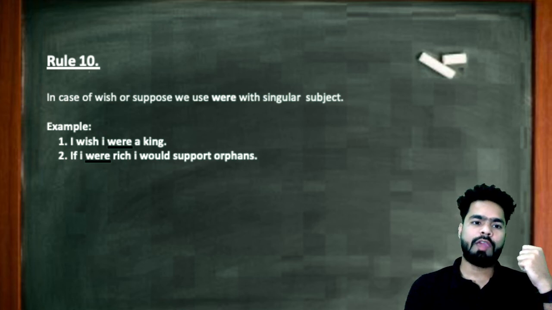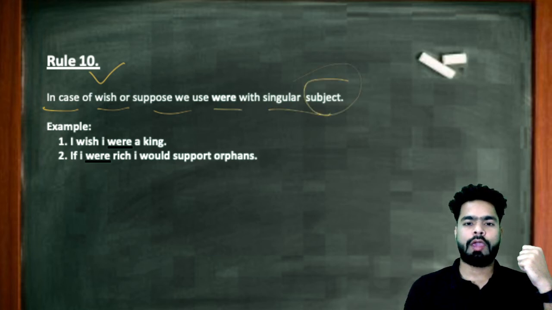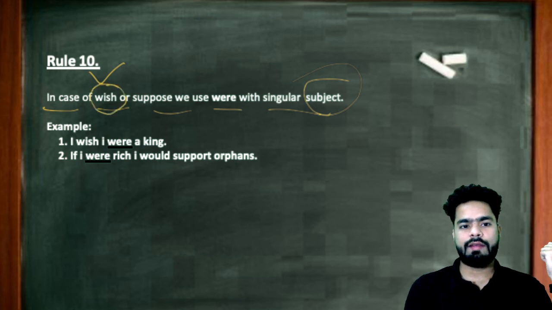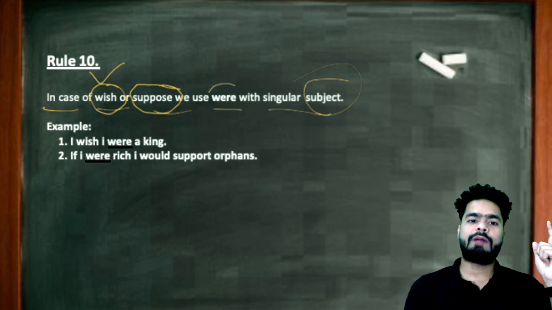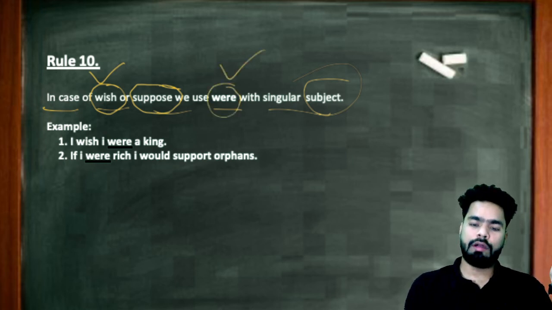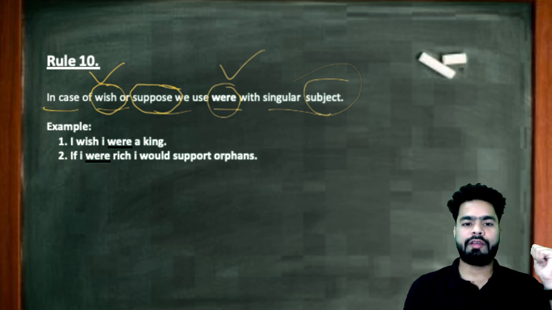Now we have rule number 10. In case of wish or suppose, we use were with a singular subject. What is the rule of past continuous tense?